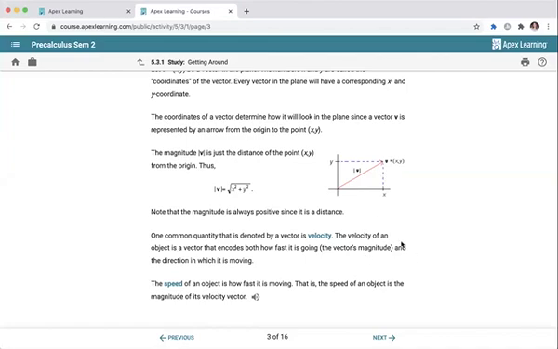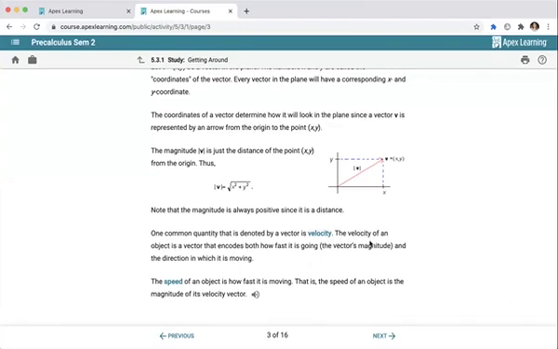Sorry, and then looking more specifically here, okay, a common quantity that we denote by using a vector is velocity. Okay, so how fast is something going and what direction is it moving in, right? All right, and of course, a lot of these we're going to talk about are things like speeds of cars and trains and all of that kind of stuff.